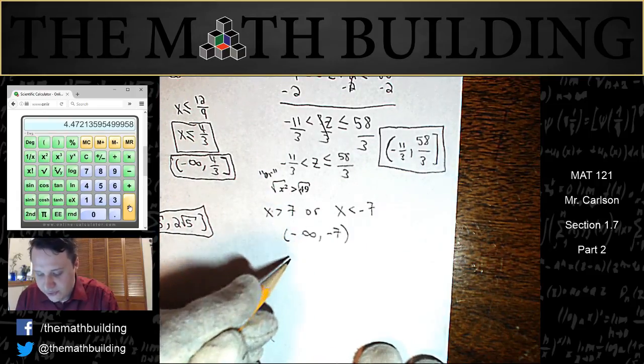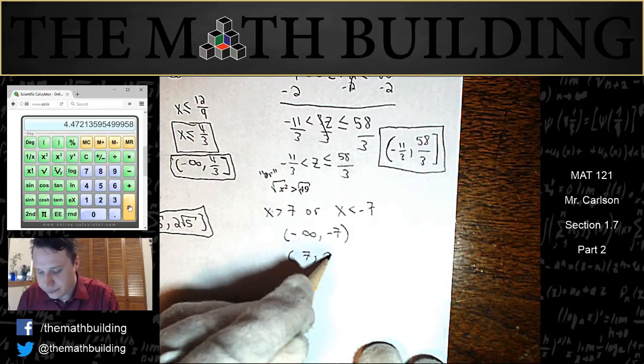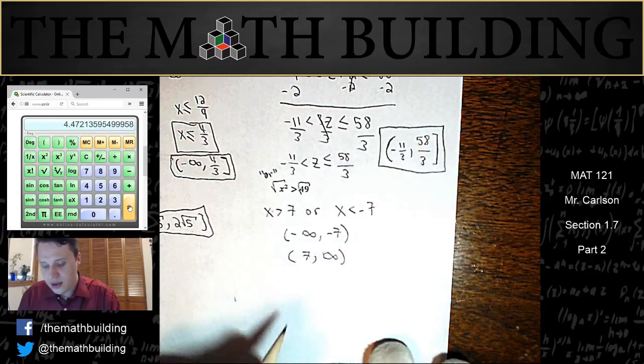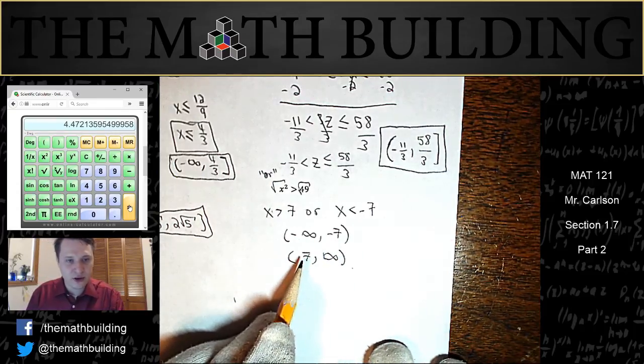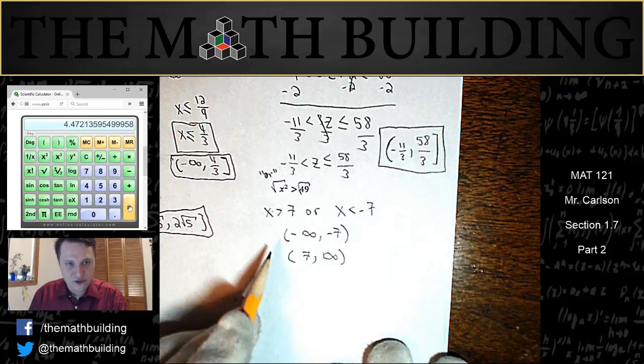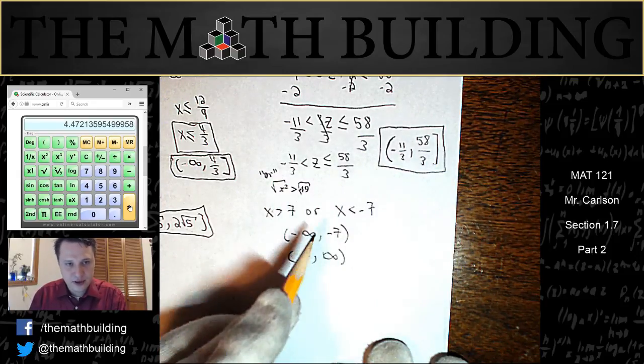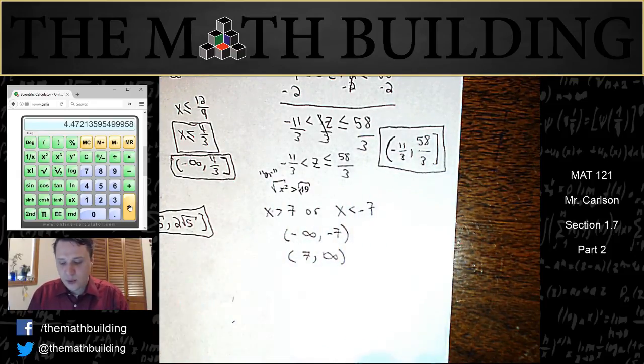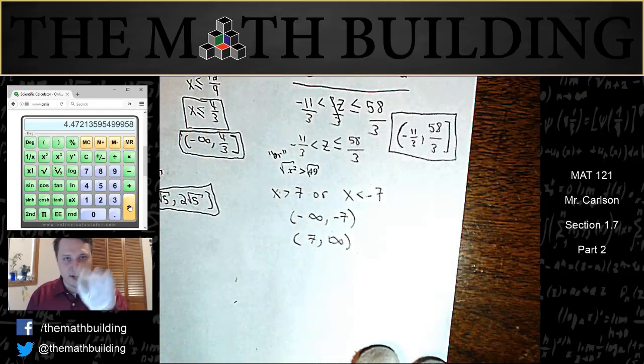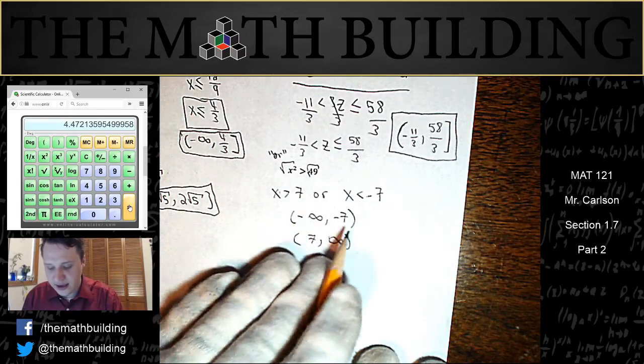And the other one would be everything bigger than 7, parentheses on everything because we're going from 7 and bigger. So this second one is here, and this first one is here. And we can put them all in one line by using the union operator. So start with the negative one.